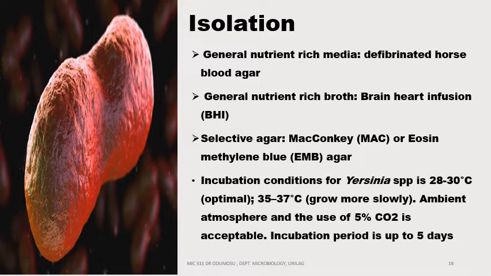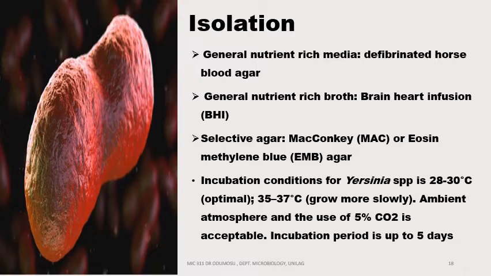An example of enriched agar is blood agar, especially defibrinated horse blood agar, which allows them to grow and suppress other organisms. They are slow-growing bacteria, and they can also grow in brain-heart infusion broth.